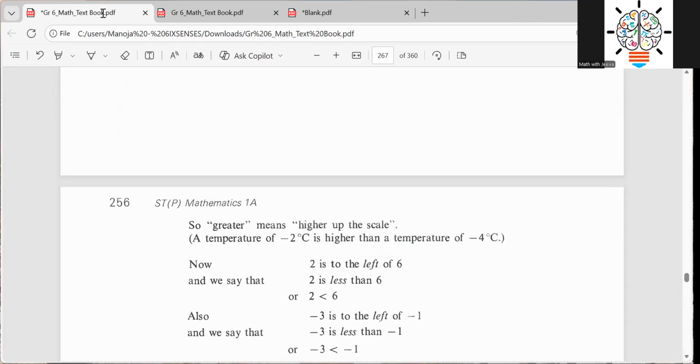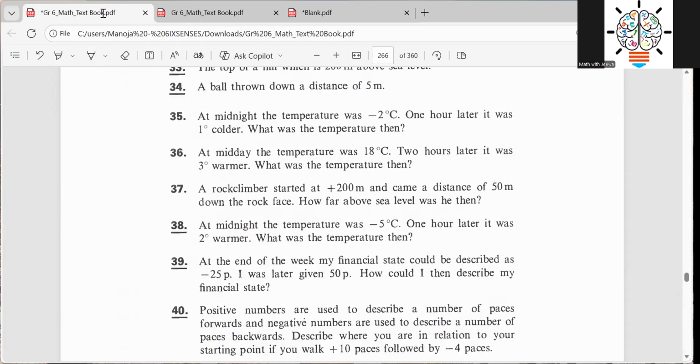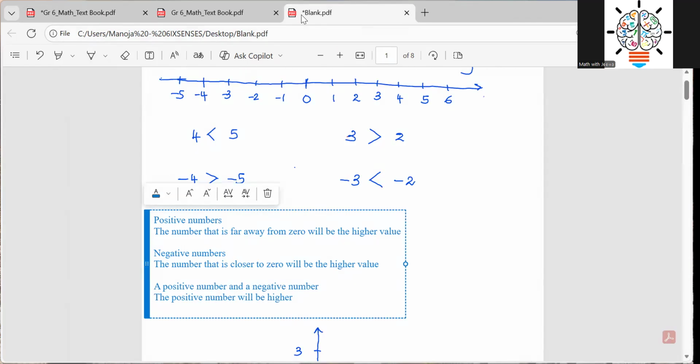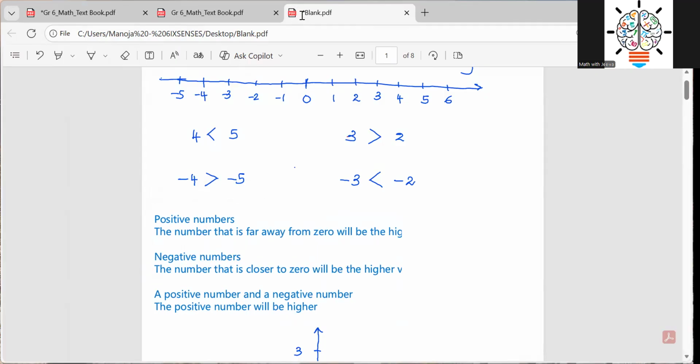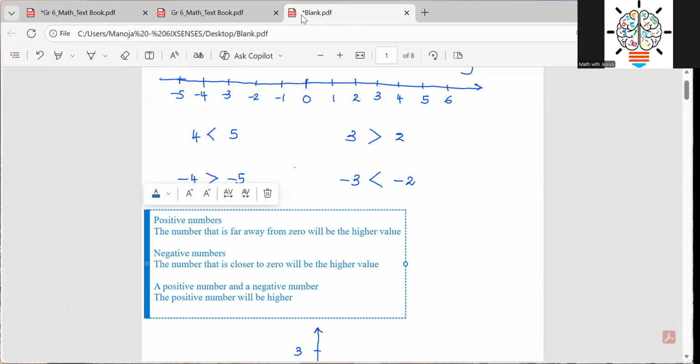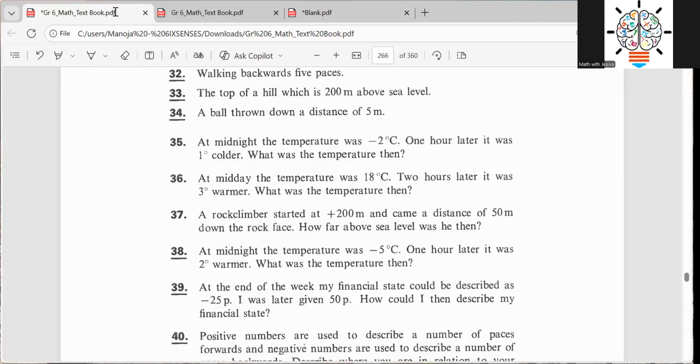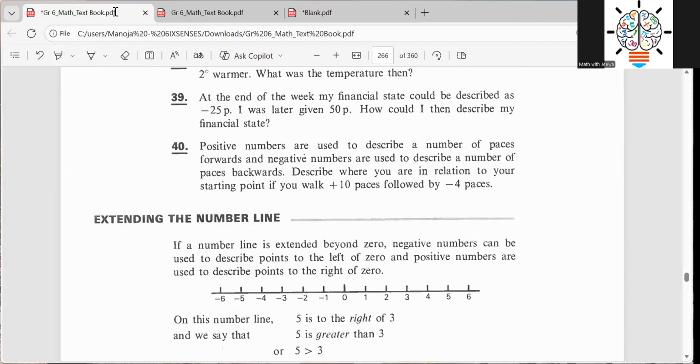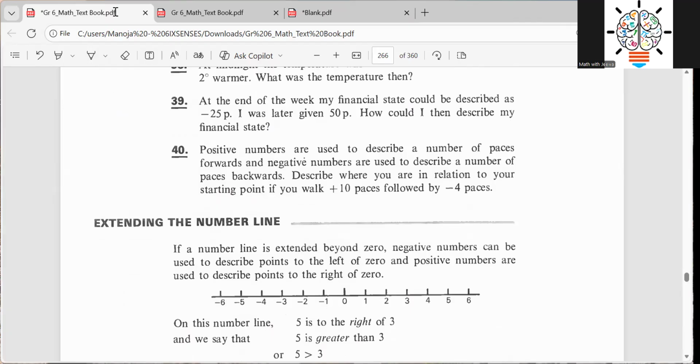So go through the video, and whenever you want to have a note, pause the video and complete the note. In the next video, we'll start from extending the number line portion.